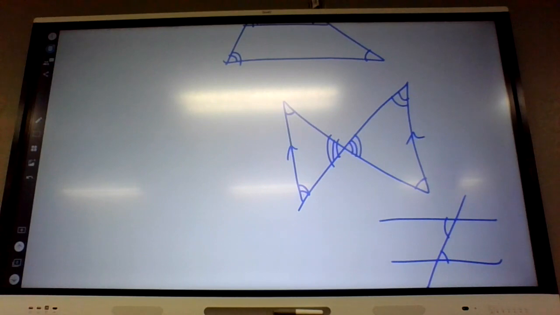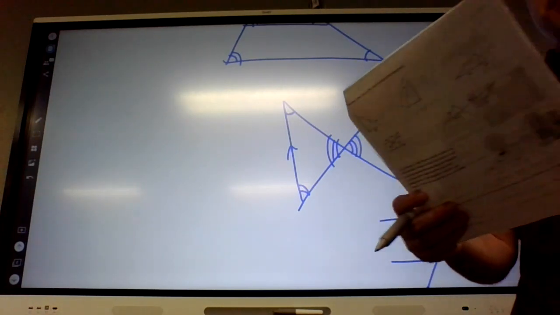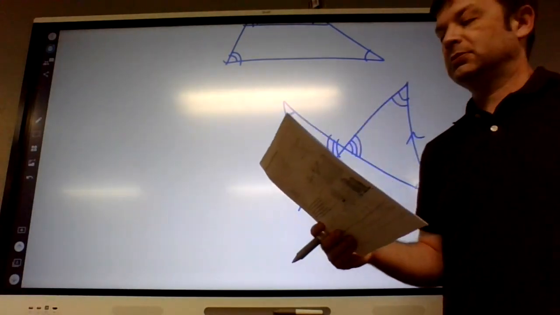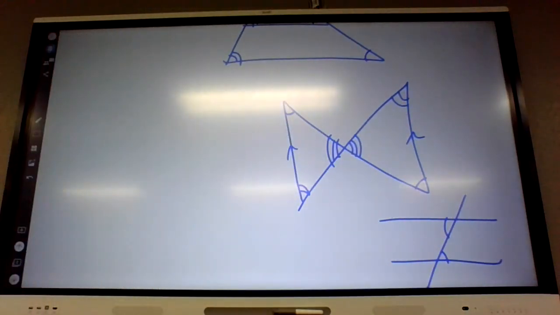Yep. TUS, HGS. The order doesn't matter. But that is one of the orders you could use. And how do we know that's true? Side angle side. We know the sides around the vertical angles are proportional. And the angle in the middle is congruent.